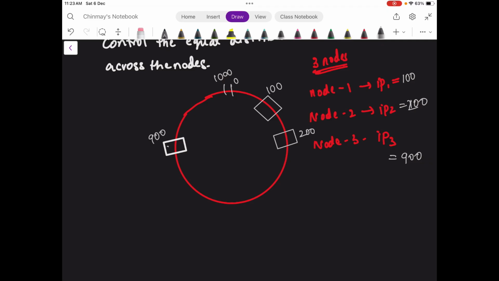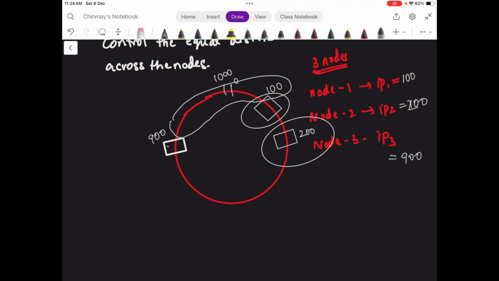Now what happened here? If the nodes are distributed in this way, most probably very few keys will be distributed to the 200 node. Then there is a chance that fewer keys will be distributed to the 900 node as well.